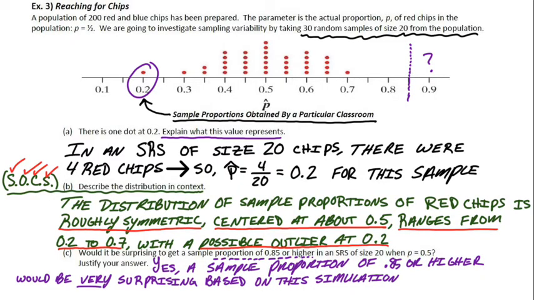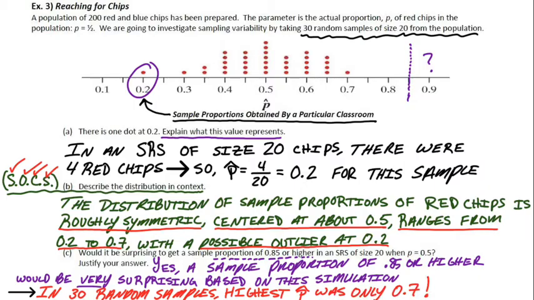So yes, we'd be very surprised to see something 0.85 or higher. Why is that? Well, in 30 random samples here, the highest proportion we saw, the highest p-hat observed, was only 0.7. All right, so we're not even coming close to 0.85. So yeah, we'd be very surprised to actually see 0.85 in this case.